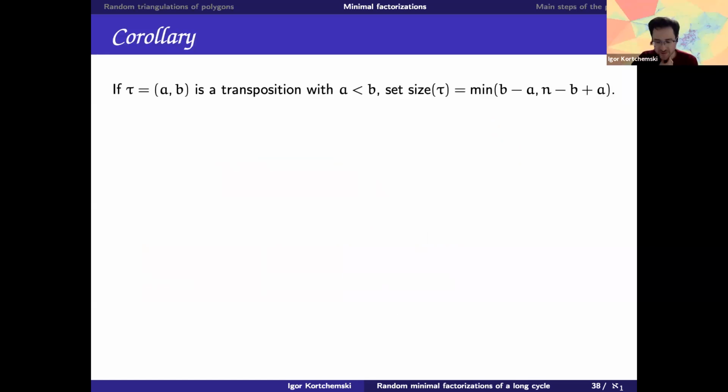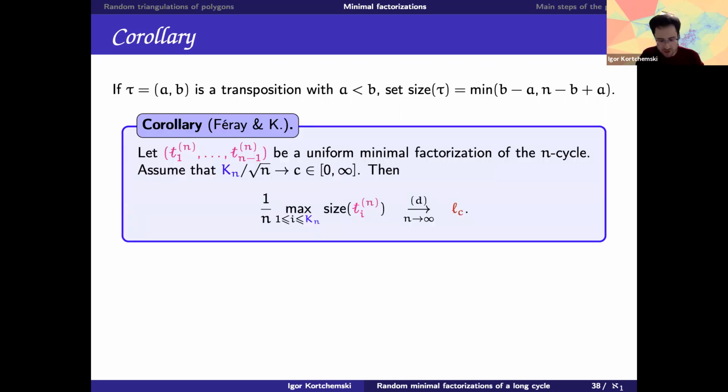And an interesting corollary, a combinatorial consequence of this convergence, is that if we look at the size or width of a transposition, defined in this way, then the size of a transposition is essentially its length drawn in the circle.